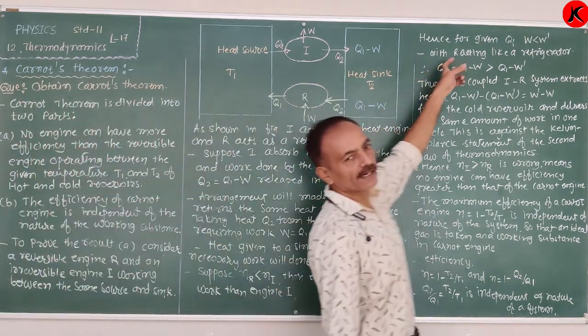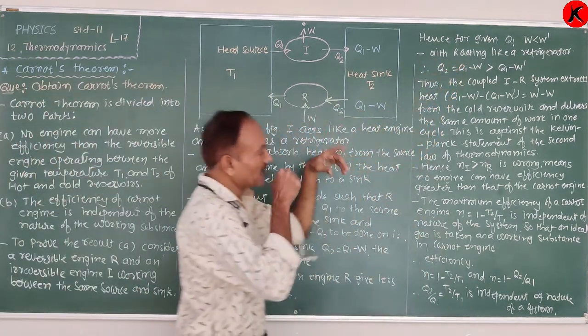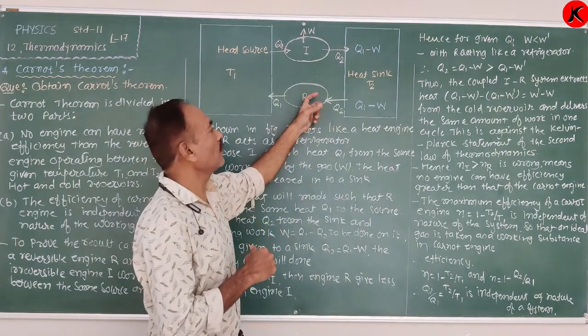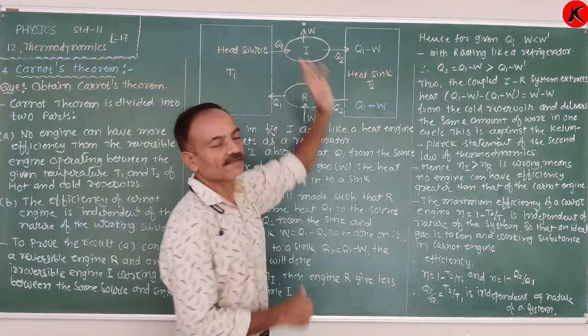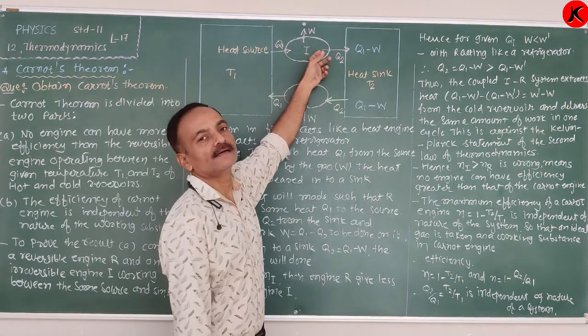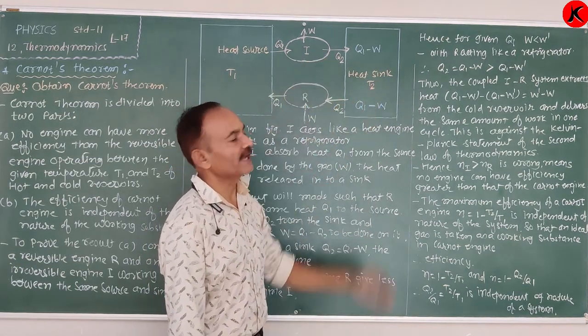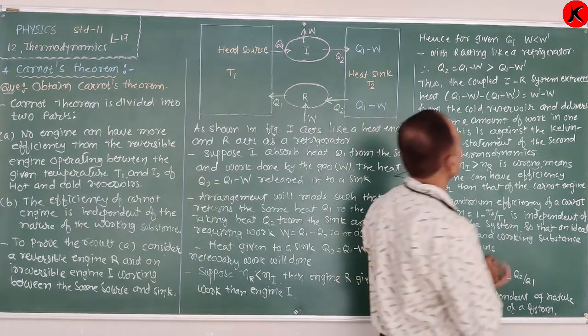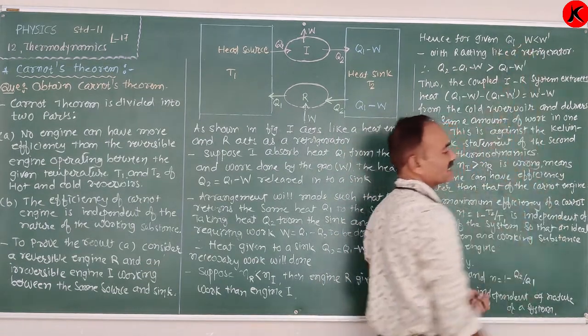Hence, for given Q1, the work done by the reversible engine, W, is less than the work done by the irreversible engine, W dash. Therefore, W is less than W dash.